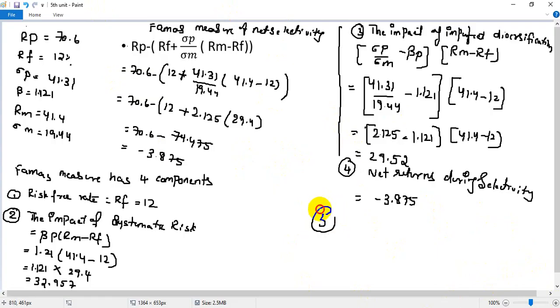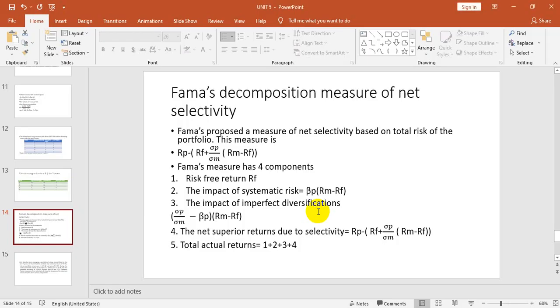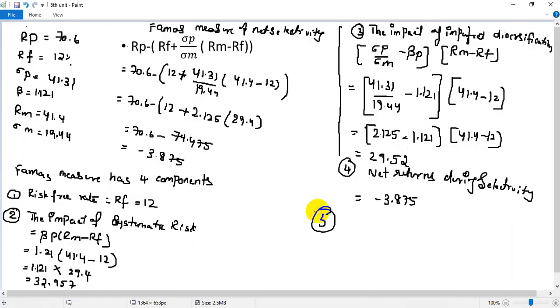So now the fifth one is, what is the fifth step? Total actual returns, that is the first step, second step, third step and fourth step. So here also you need to do total actual return: first step, second step, third step and fourth step.